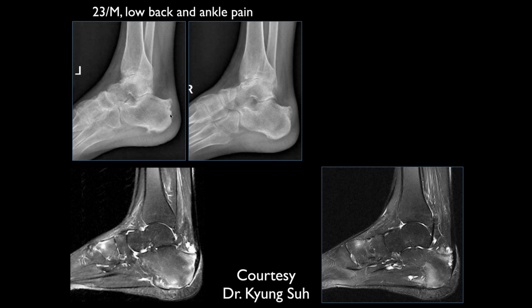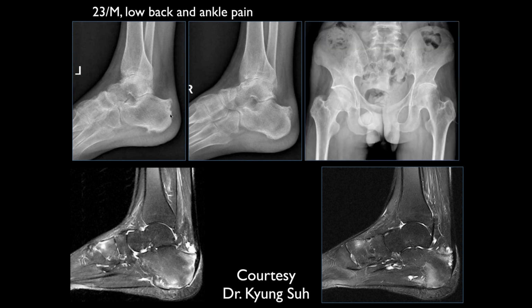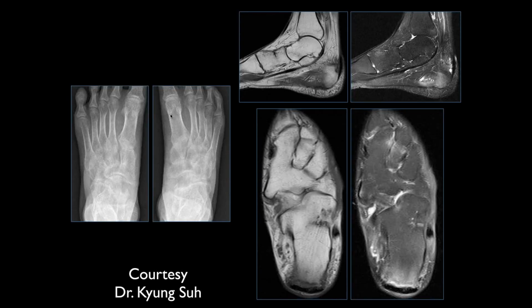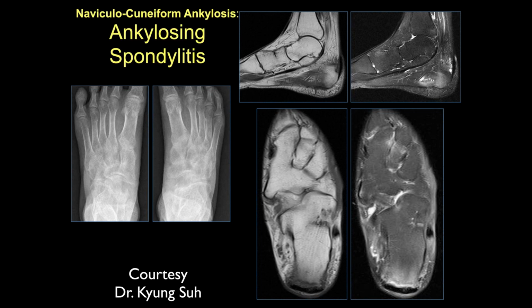Oh, is this ankylosing spondylitis? Well, that's a possibility, isn't it? Yeah, because there's actually fusion here. There's ankylosis of the medial cuneiform navicular and fusion there, osseous fusion. So, yeah. Okay. Right. Good.